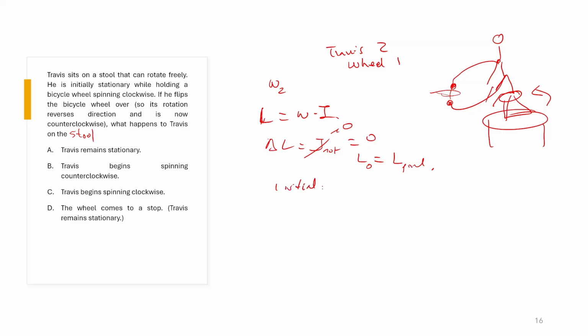We don't even need to use numbers, but initially the wheel is turning clockwise, let's say at 1 radian per second. So omega 1 is 1 radian per second, positive. At the end, the wheel is counterclockwise, so let's say it's the same velocity but negative.